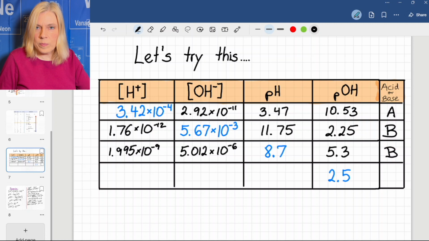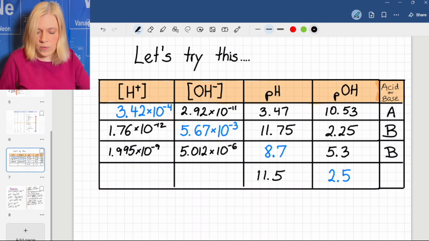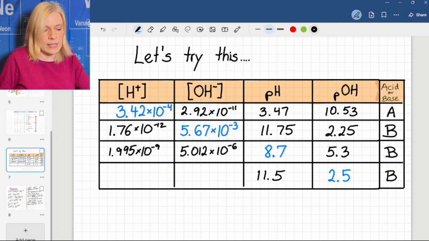Let's go here. If we have pOH 2.5, pH is, well, 14 minus 2.5, 11.5. Okay, 11.5, pH, acid or base? Base, right? More than 7, it's a base. And we can fill in the numbers. So try to do this.